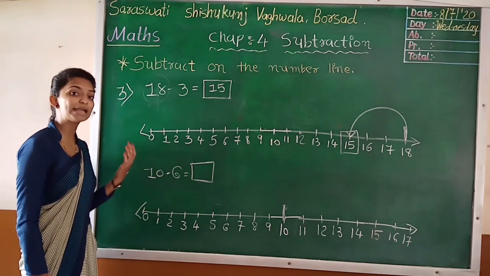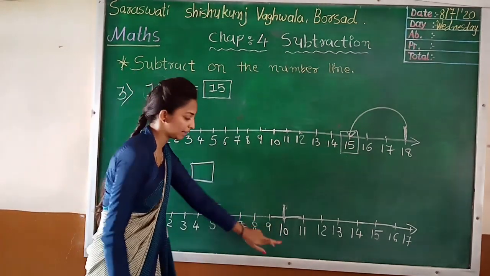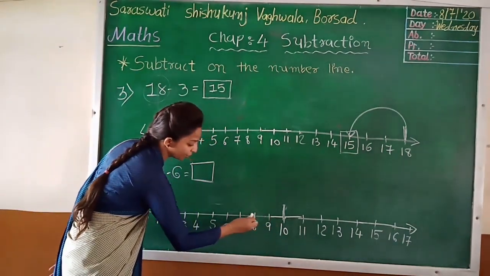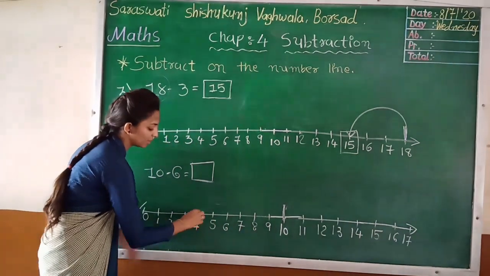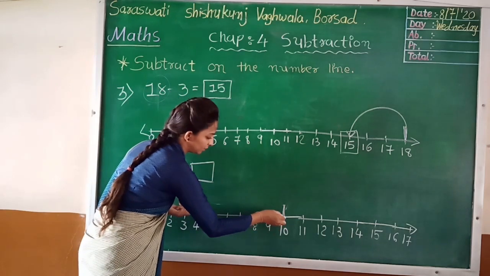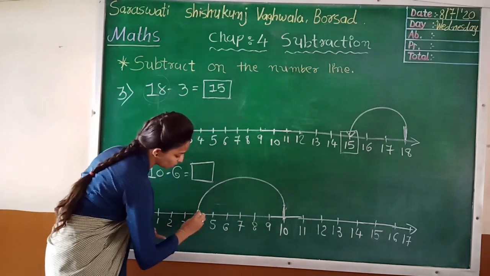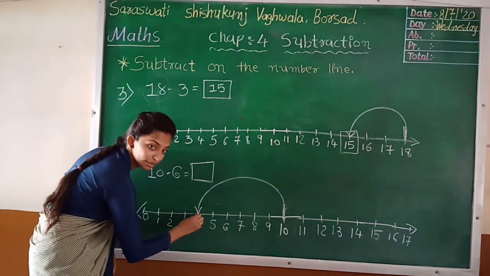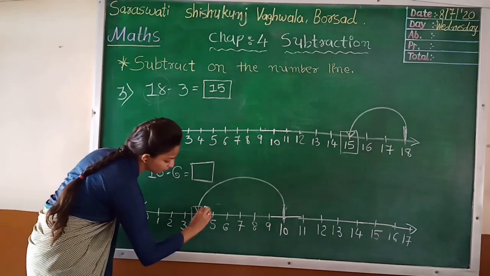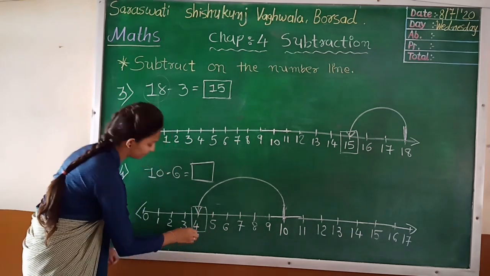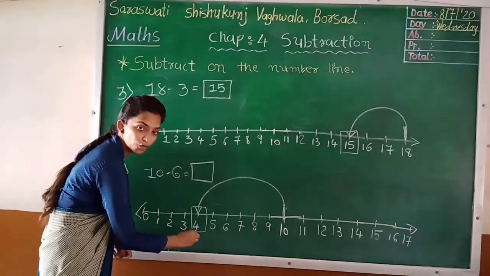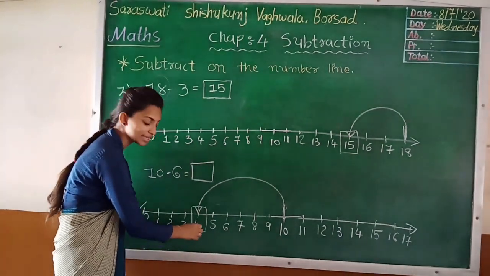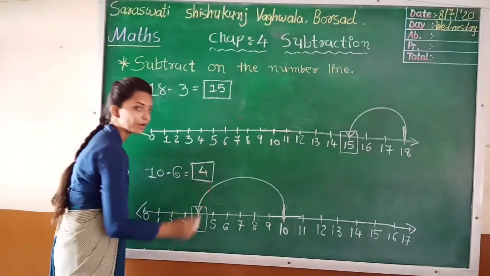You have to move back 6 steps from 10. 1, 2, 3, 4, 5, 6. Let's jump back 6 steps from 10. So we get here. Which number comes? 4. That means 10 minus 6, which number comes? 4. So 4 is our answer. So write here 4. Okay?